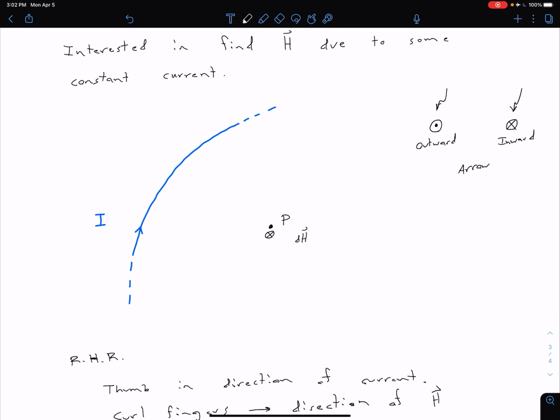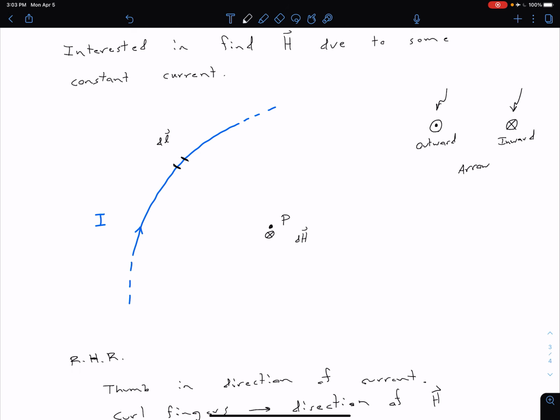Now we're going to figure out Biot-Savart's law in order to get a more exact expression. Before I do that, let me set it up by considering a couple things in this drawing. Just like with Coulomb's law, when we consider some differential charge, let's consider some differential current in some region of this filament. Let's say, right here, we consider some dl of our filament, which has some differential current.